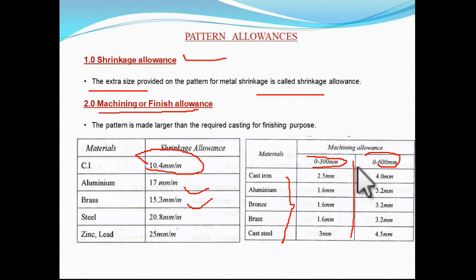That is different: if it is 300 we should follow this allowance in dimension, and if it is 600 we should follow this one.